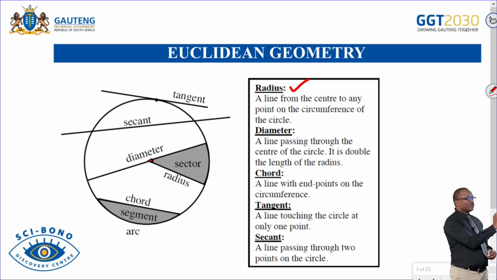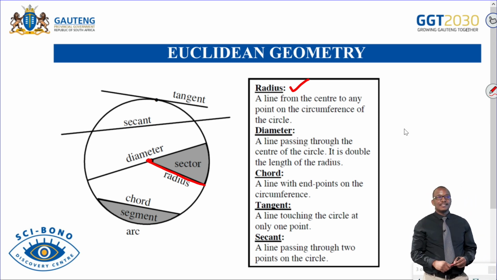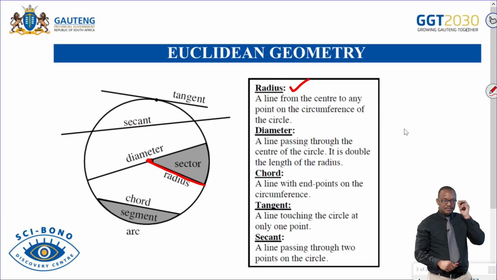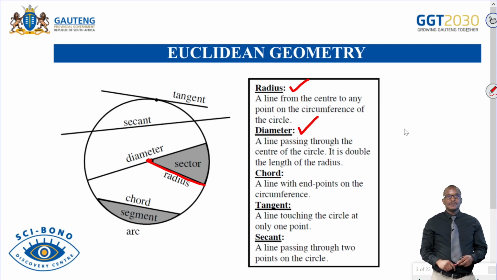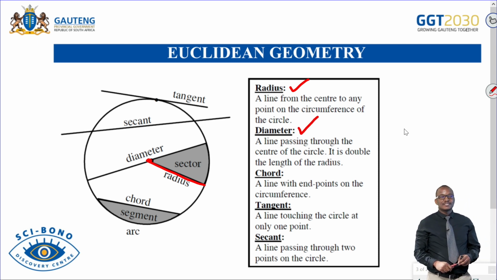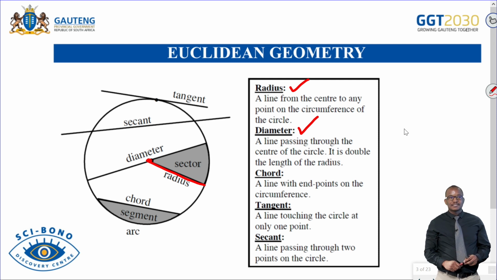So we have our center there, and the radius is just the part that moves from the center to any point of the circle. The second one is the diameter. A diameter is a line passing through the center of the circle. It is double the length of the radius.